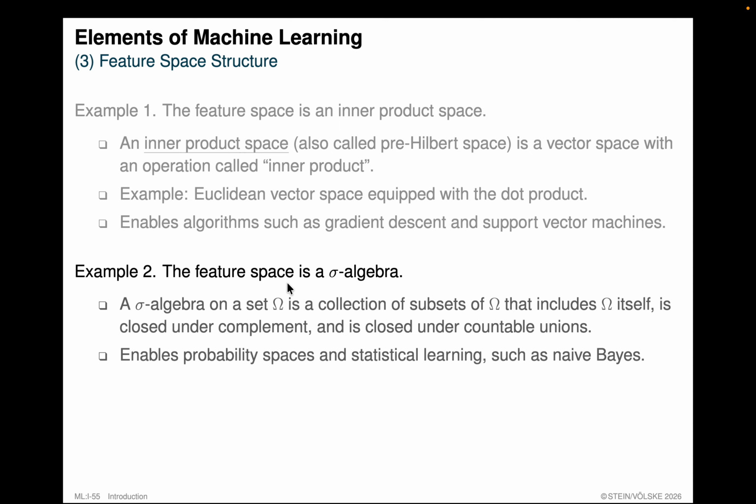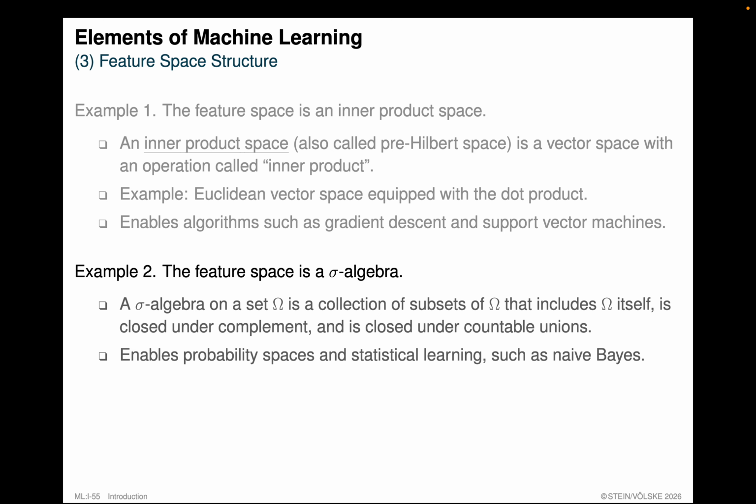And the event space of a probability space is then the power set of omega, meaning it is closed under complement, so for every event composed of outcomes, also the counter event composed of all other outcomes of the random experiments is part of the power set, and is also closed under countable unions, which is a bit more arcane math, where you just combine a certain set of events.